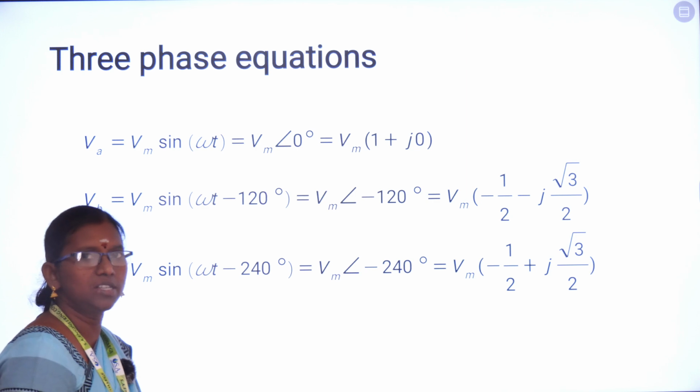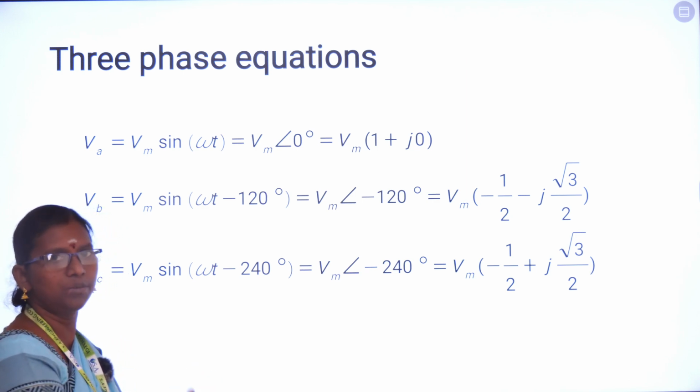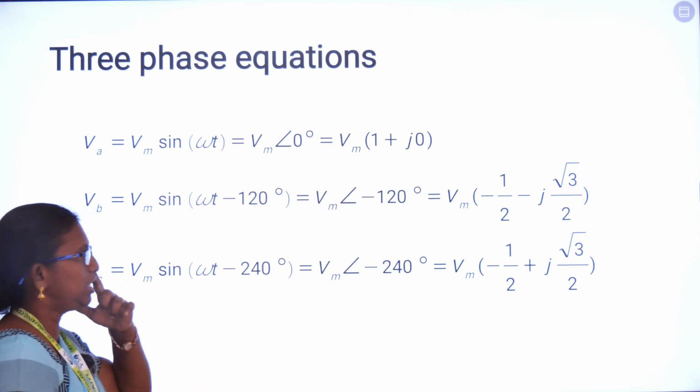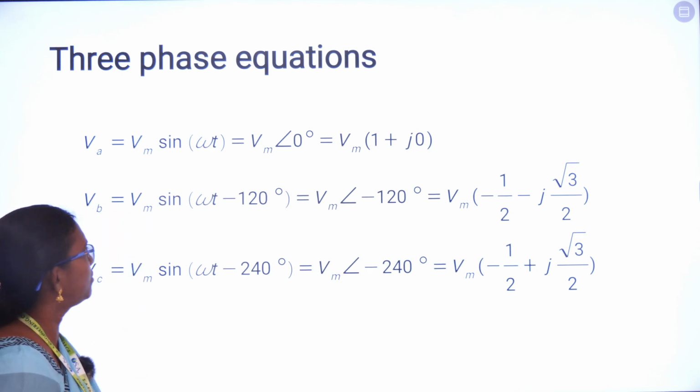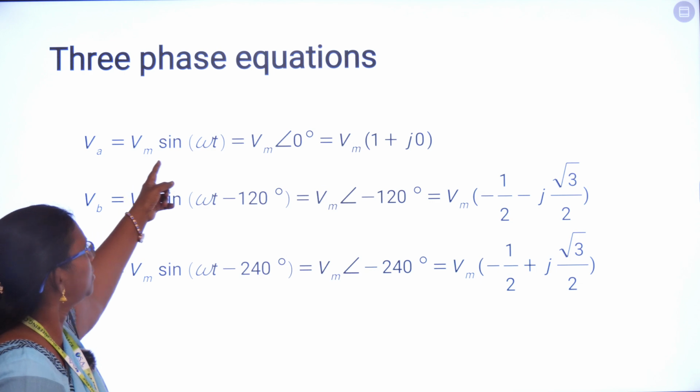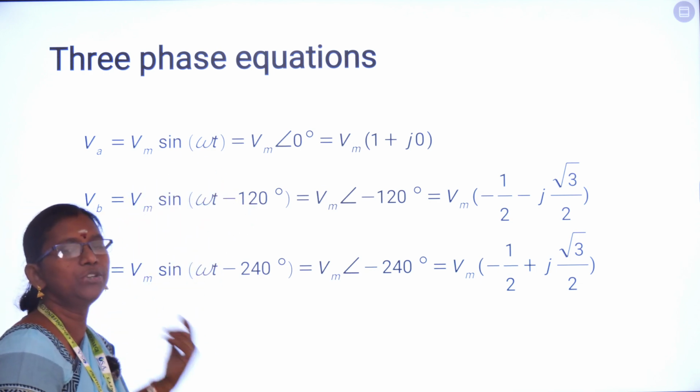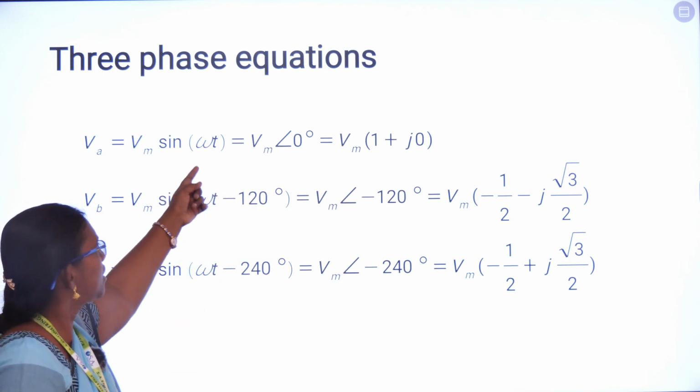How do we represent the three equations we saw in the previous slide? So we have these three equations. I can represent the first, the R wave, as VA. VA is equal to Vm sin omega t. Since I am going to take that as reference, my phase phi is 0.